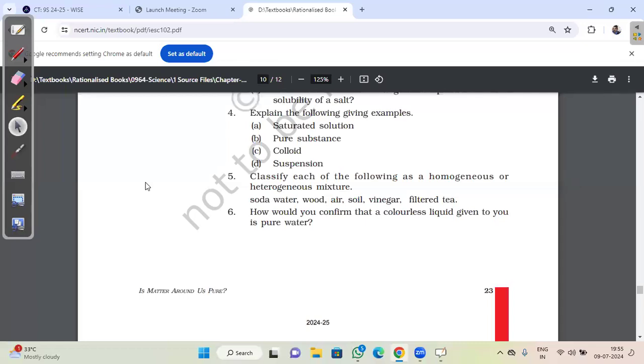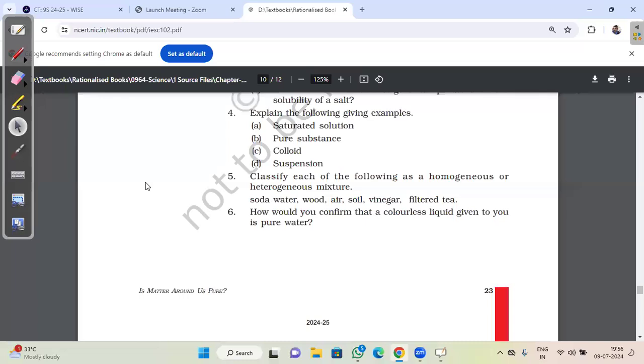Air, heterogeneous; it consists of dust, sand and other particles, which makes it a non-uniform composition. Soil, heterogeneous. Vinegar, homogeneous. Filtered tea, homogeneous. Okay. The last question.